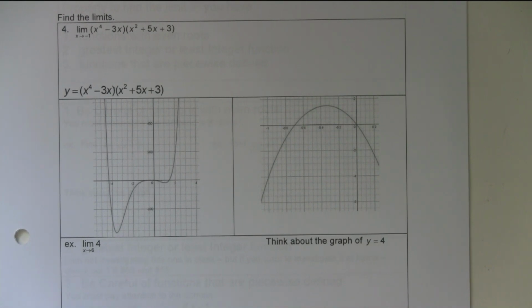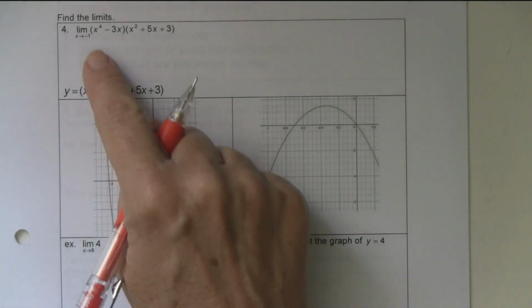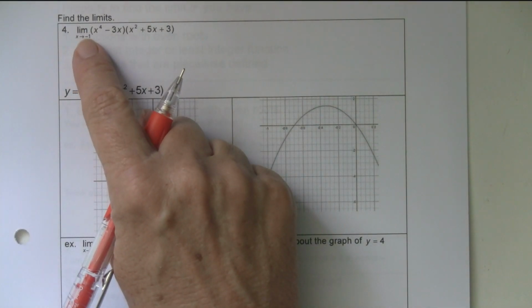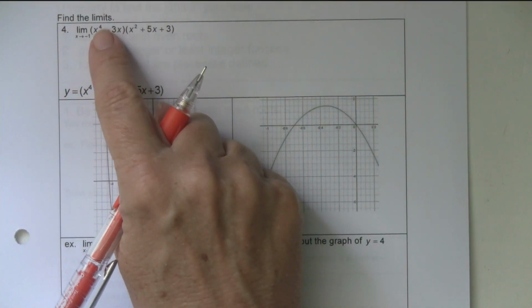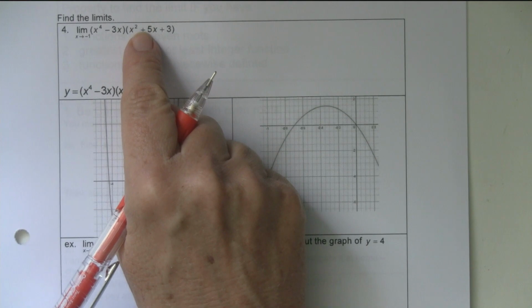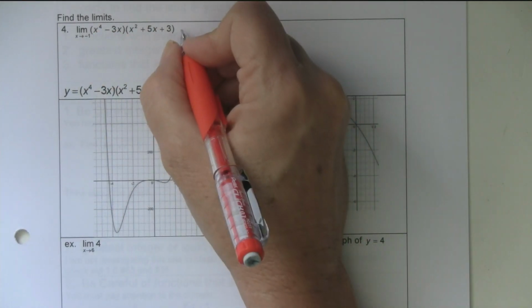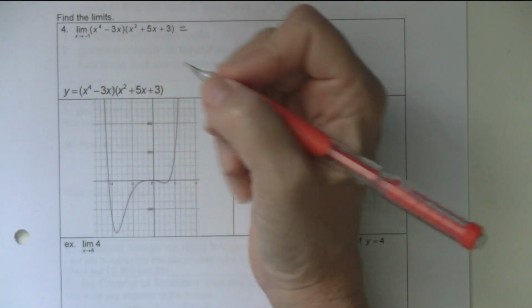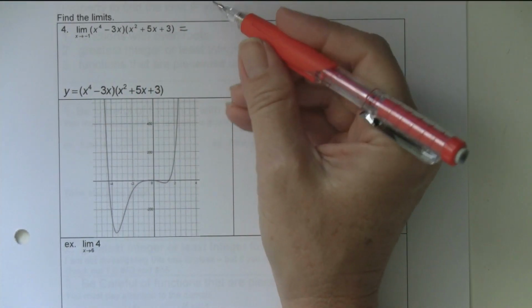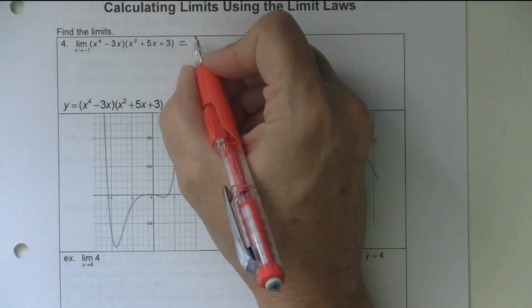So we're going to look at that here on problem 4, and I also put some graphs on just so that we can look at what they were wanting. So this says the limit as x goes to -1, and this is a polynomial, and that's a polynomial, and when you multiply two polynomials together, you get another polynomial. So it's okay to use direct substitution.